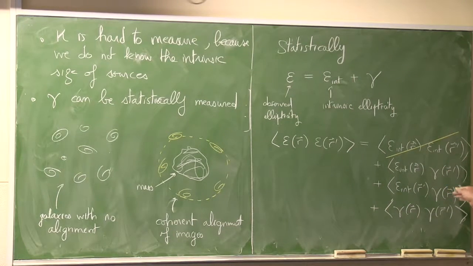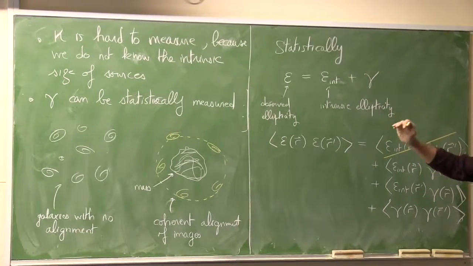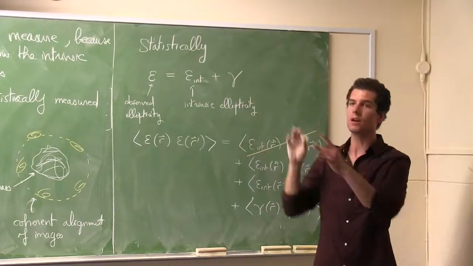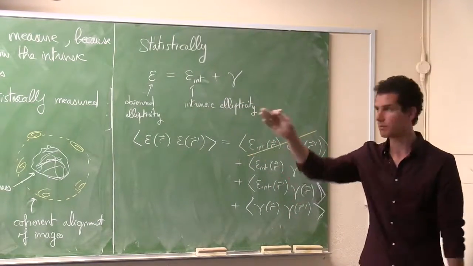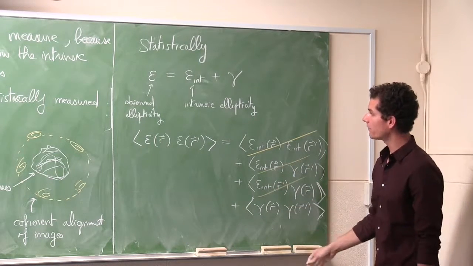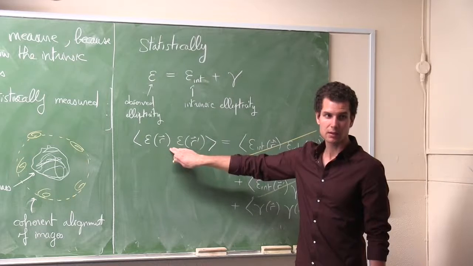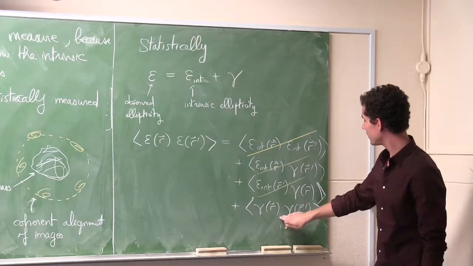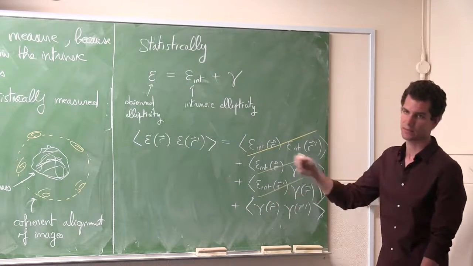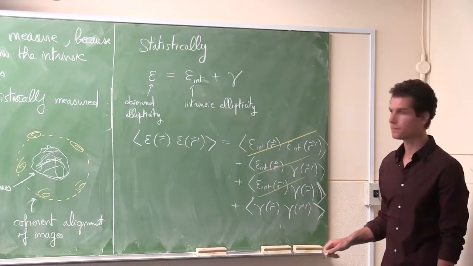If you assume also that the ellipticity of a galaxy is not correlated with shear, which is even more reasonable because there is no reason why the ellipticity of a galaxy would be correlated to the way everything is distorted by the mass in between, then those two things are zero. And therefore this observable quantity statistically is equal to something that you want here: the power spectrum of the correlation function, and therefore the power spectrum of the shear.